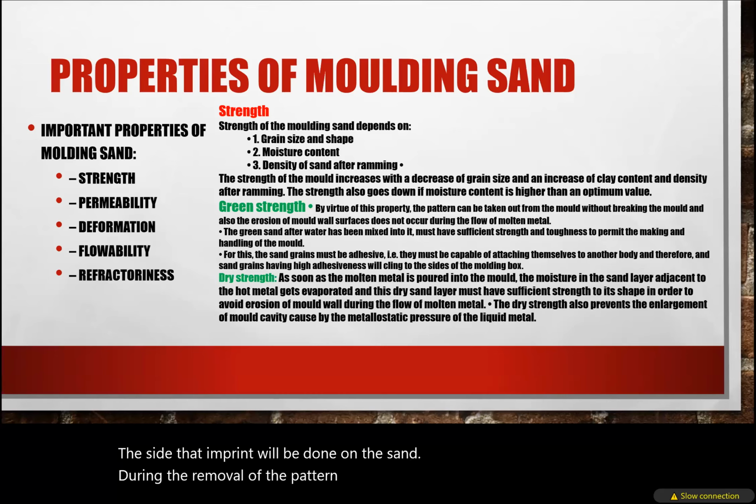During the creation of the mold cavity, we place the pattern in the sand so that the imprint or sand mold cavity will be formed, and then we have to remove that pattern. During the removal process, the walls cannot be broken and erosion of the walls cannot occur. That is the green strength of the sand mold.